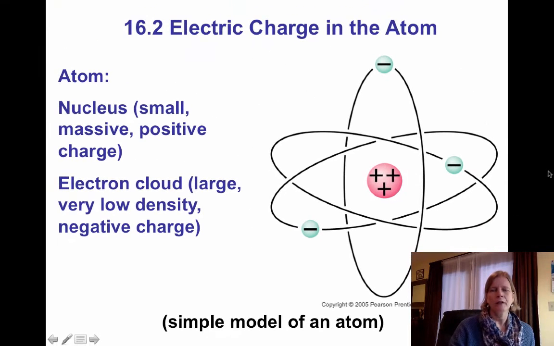And then in a cloud surrounding the nucleus are electrons. The cloud is large, but it's very low density, and these have negative charges. The electrons are negatively charged. So hopefully that's a review. You've seen models of the atom before. That's a simple model of the atom. By the end of the semester, we'll have a better understanding of the model of the atom. But that's a good start. So positive charge in the nucleus, negative charge in a cloud surrounding the nucleus.